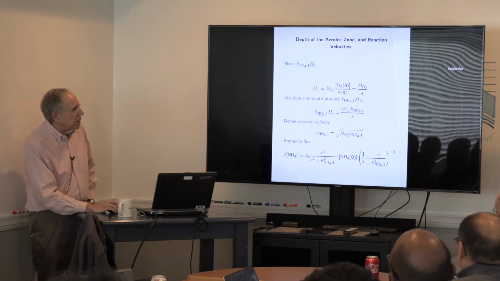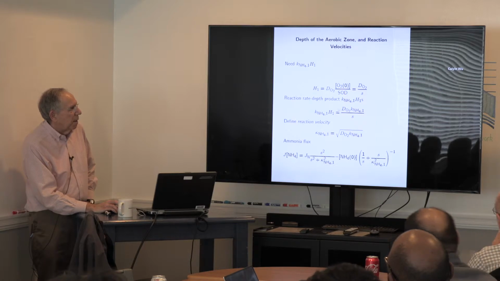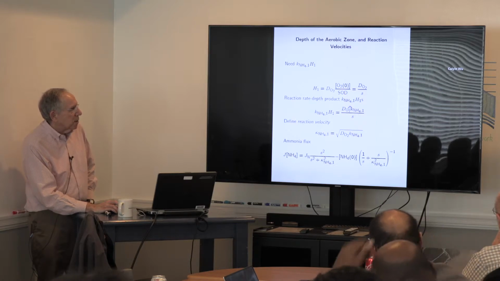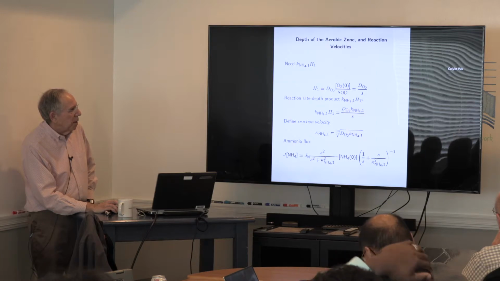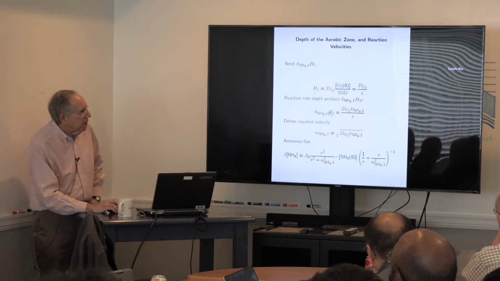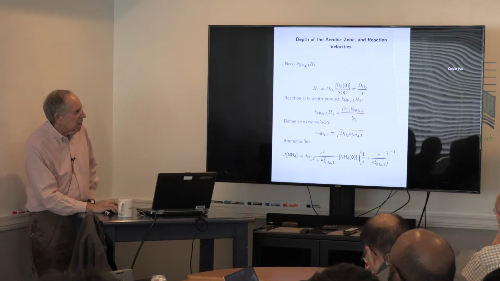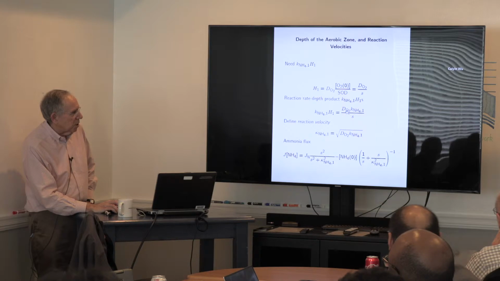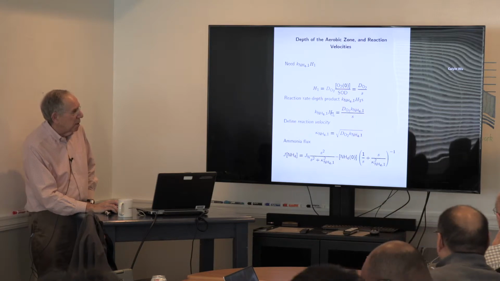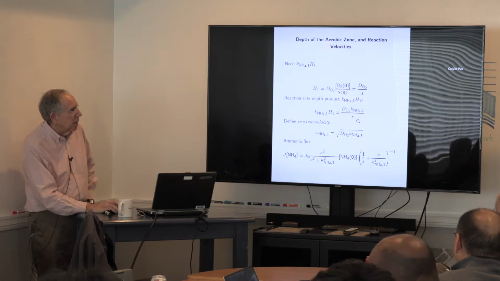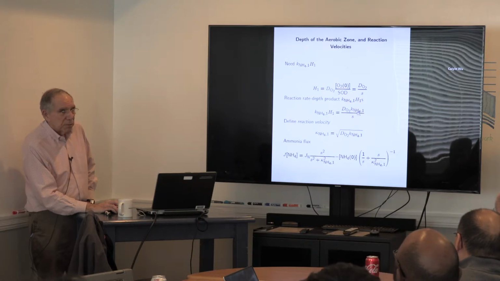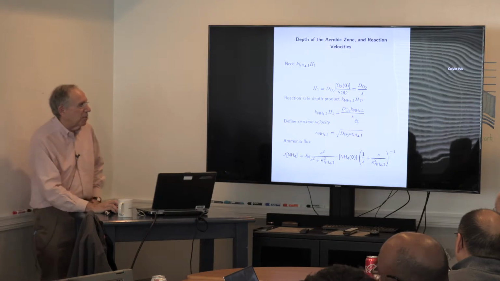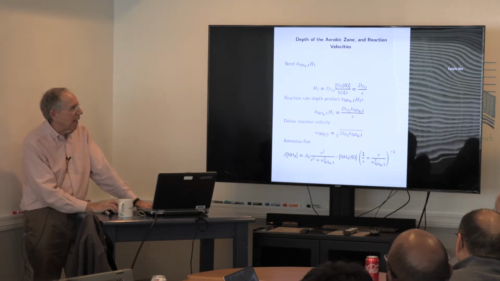Well, what I really need is the reaction rate times H1. And that's equal to that. So I need this. S gets rid of the H1. And so the diffusivity of oxygen, if I divide by H1, that cancels out the S and leaves only the diffusivity and the reaction rate. And I regretted doing this many times, but I defined what was called the reaction velocity because it has units of meters per day.